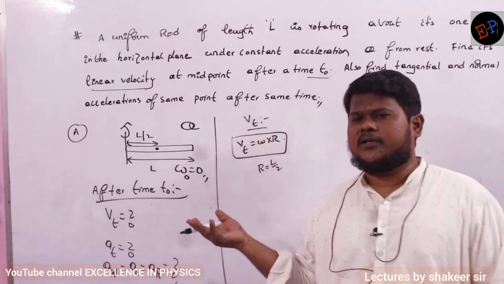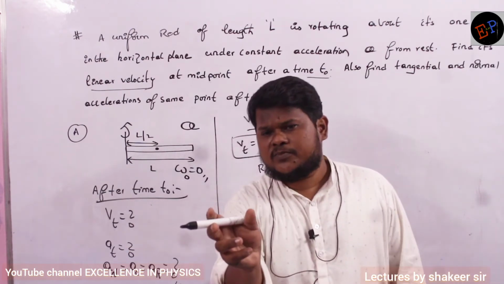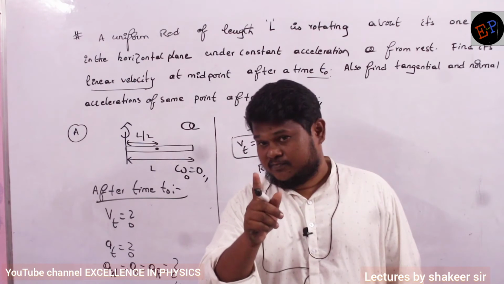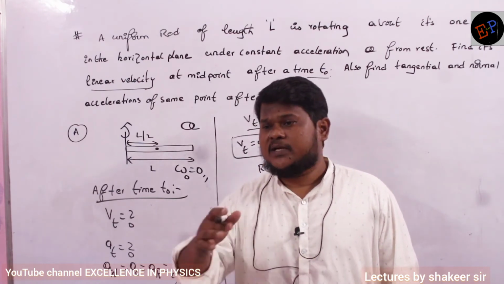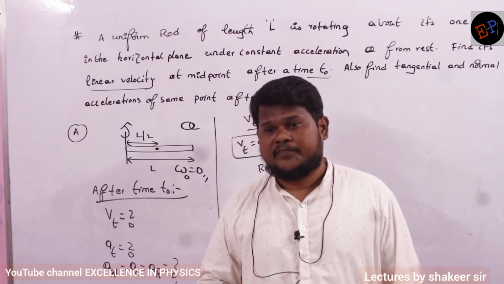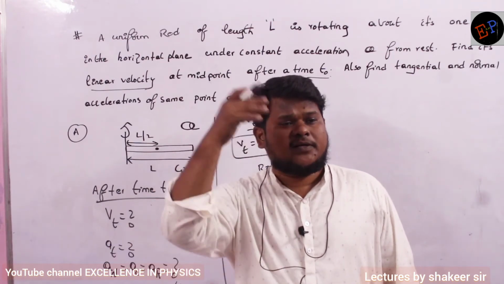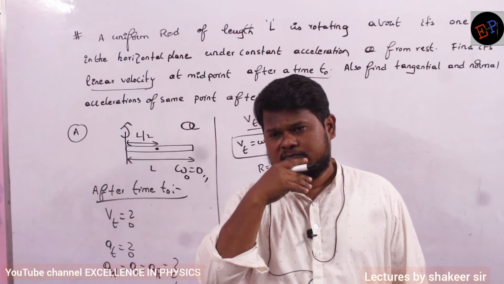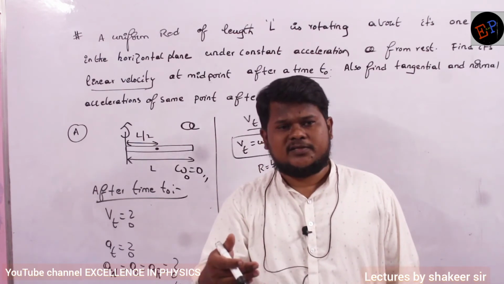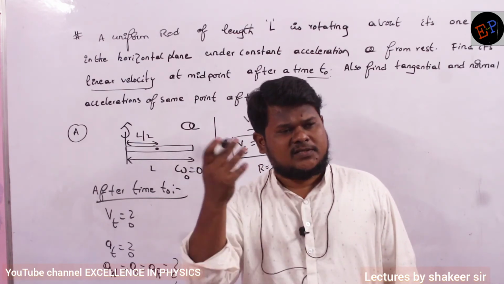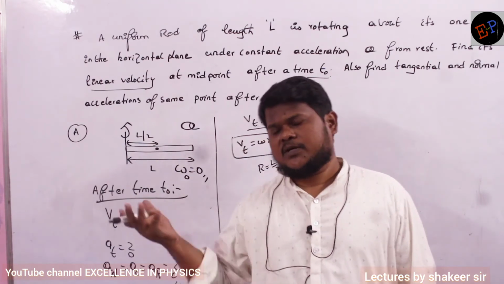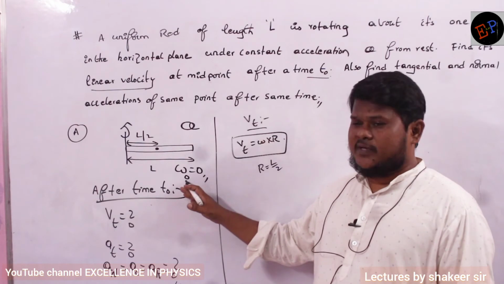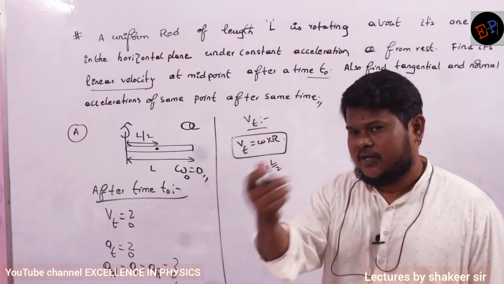A body starting from rest position has some acceleration, therefore after some time the body will get some final velocity. Initial velocity is 0, but if acceleration is there, velocity continuously increases. Same concept here: initial angular velocity is 0, but there will be some final angular velocity.